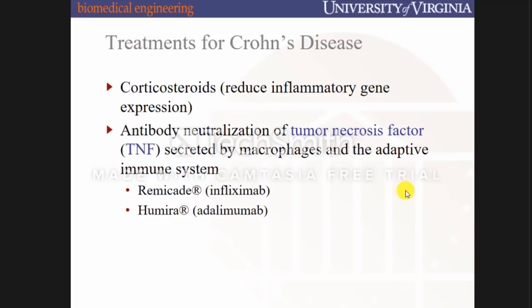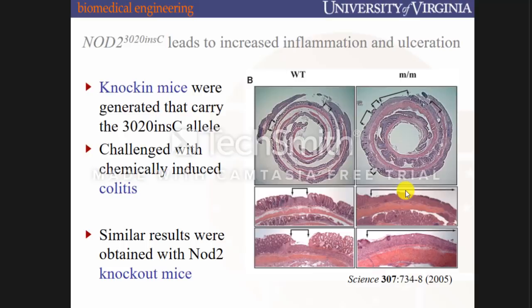So the treatment for Crohn's disease, you guys will touch on this. Oh, I'm sorry. Yes. So the normal mouse on the left is wild type. I should have said this before: if you have questions, feel free to chime in and ask.